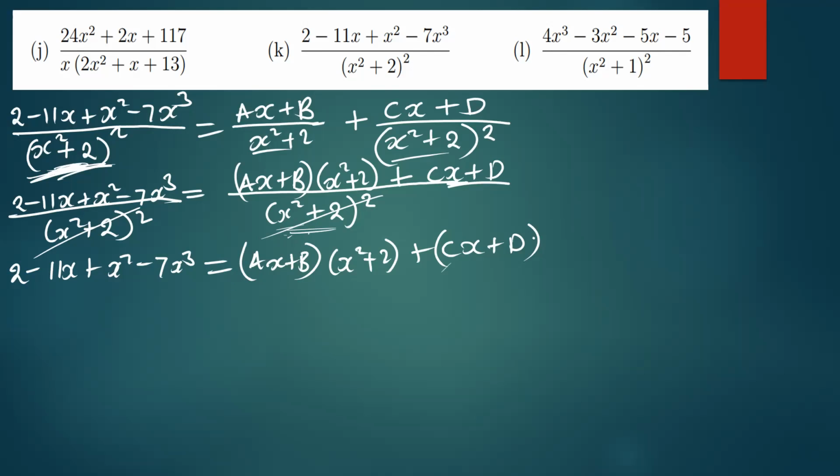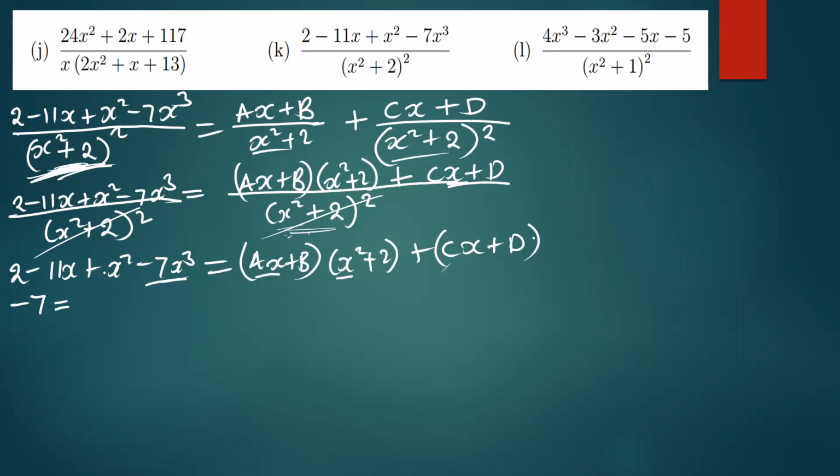So if we say we compare the coefficients of x cubed, this side we're going to have -7. And then this other side, for you to get x cubed, you have to multiply ax and x squared there.